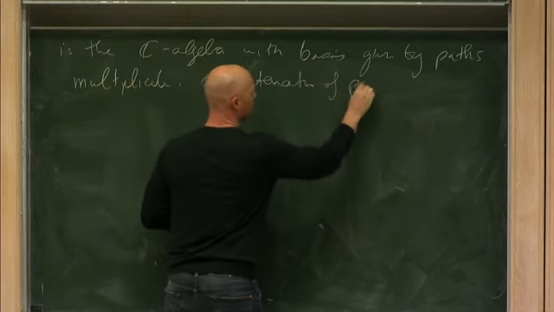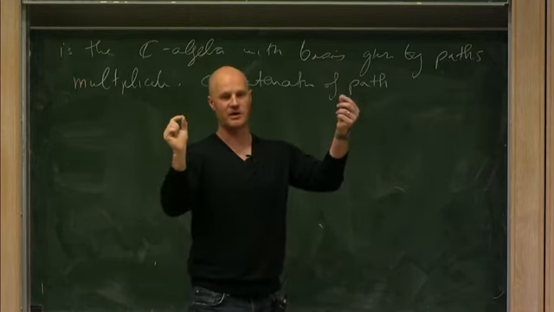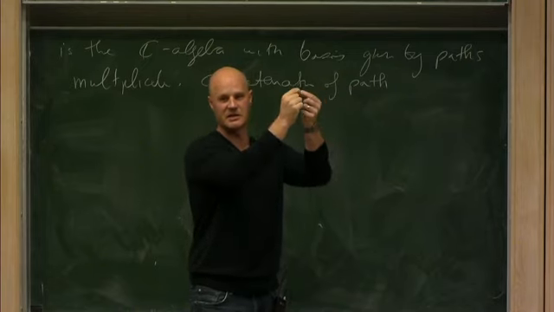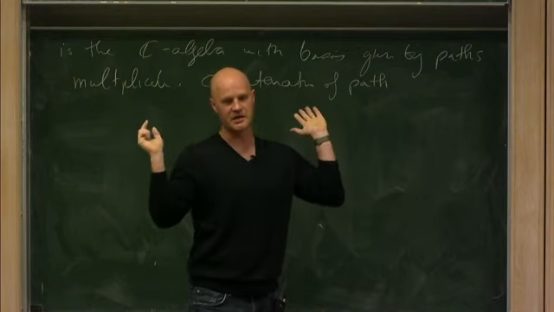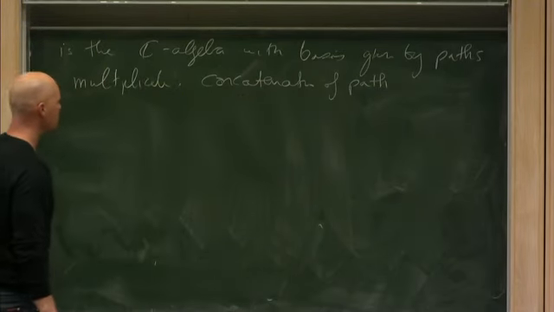Now to concatenate paths, if I've got a path which ends somewhere and another path which starts somewhere, the ending place of the first has to be the starting place of the next. So that's when I concatenate them. If those don't match, I just declare the product to be 0. So that makes this into an algebra.